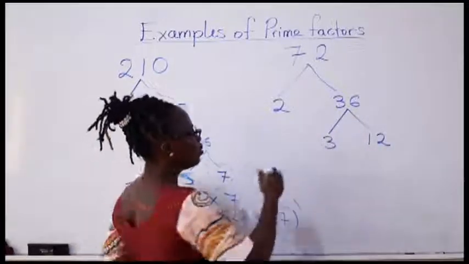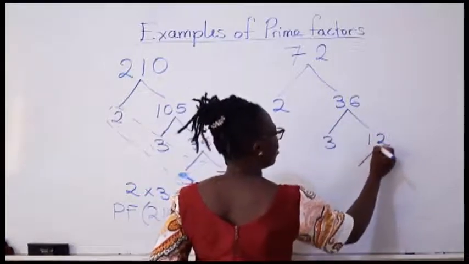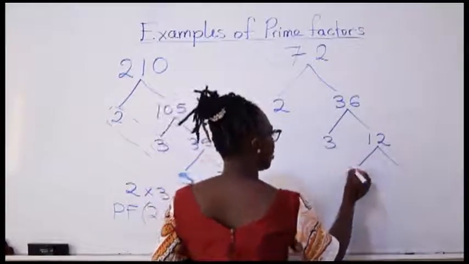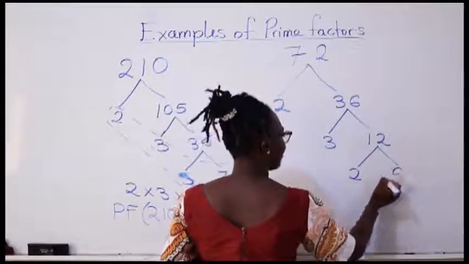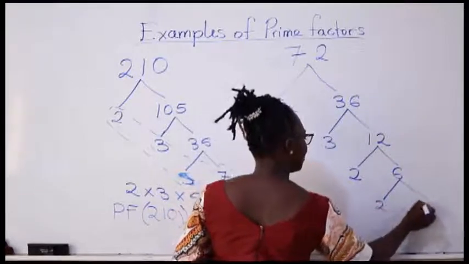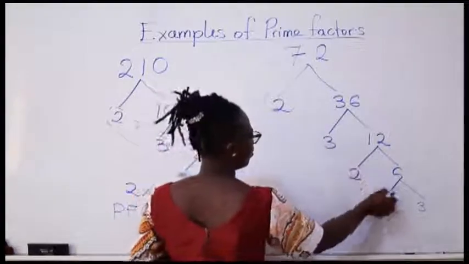Or you could start with 2 as well. You take 12. What number can go into that? You have 2 and 6. If you take 6, 2 and 3. So you realize that you have these 2, and that.